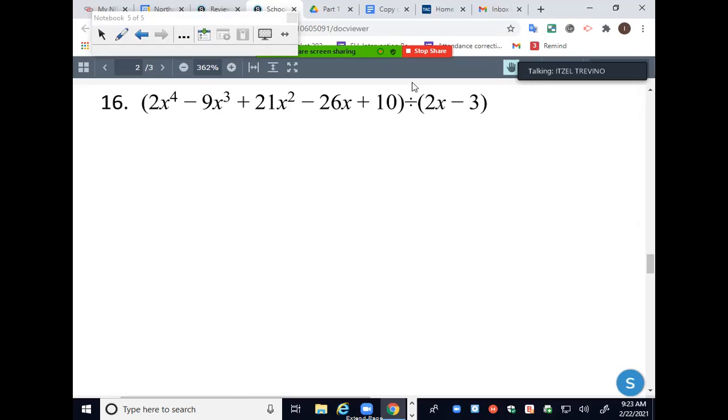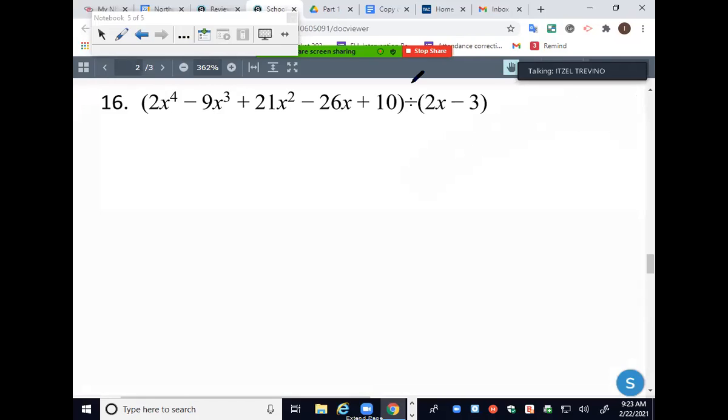So I have 2x to the fourth power minus 9x cubed plus 21x squared minus 26x plus 10 divided by 2x minus 3. So this second number here, this is my denominator. This right here, that's my denominator. That goes on the outside of my little house.